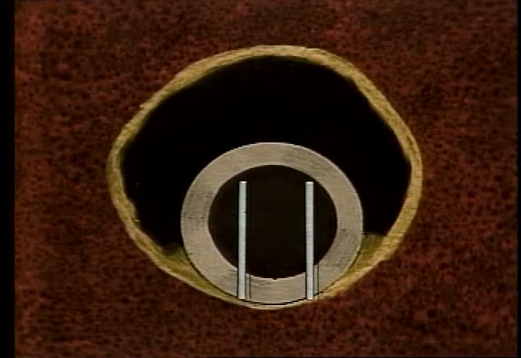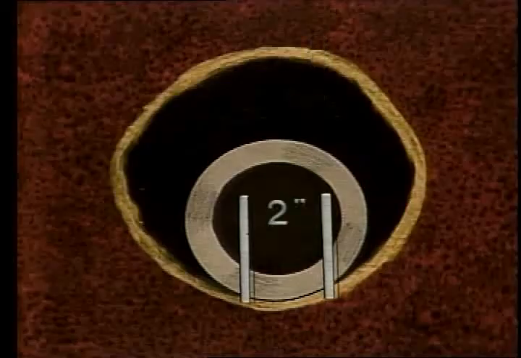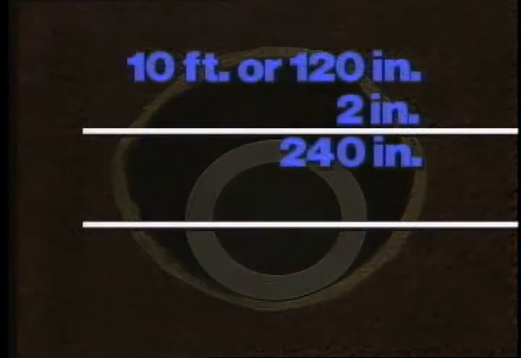Just a minute ago, we only had a small part of the pipe stuck against the wall. Now we've got almost half of the pipe stuck. Let's look at it mathematically. If you have a 10-foot section of drill collars setting up against a differential zone, and 2 inches of the pipe are involved, you've got 240 inches of surface area stuck.